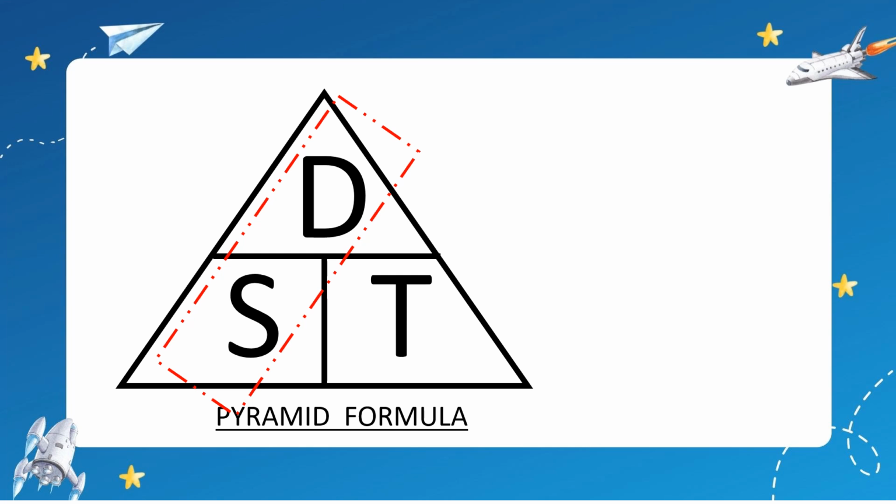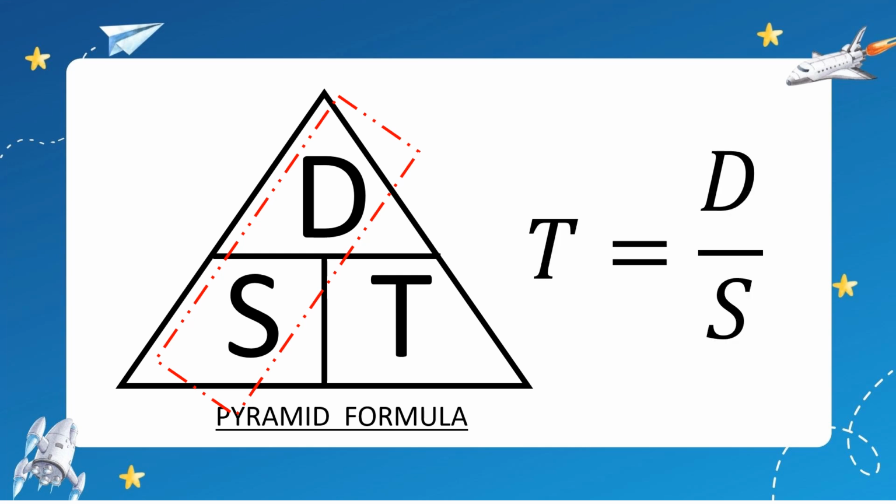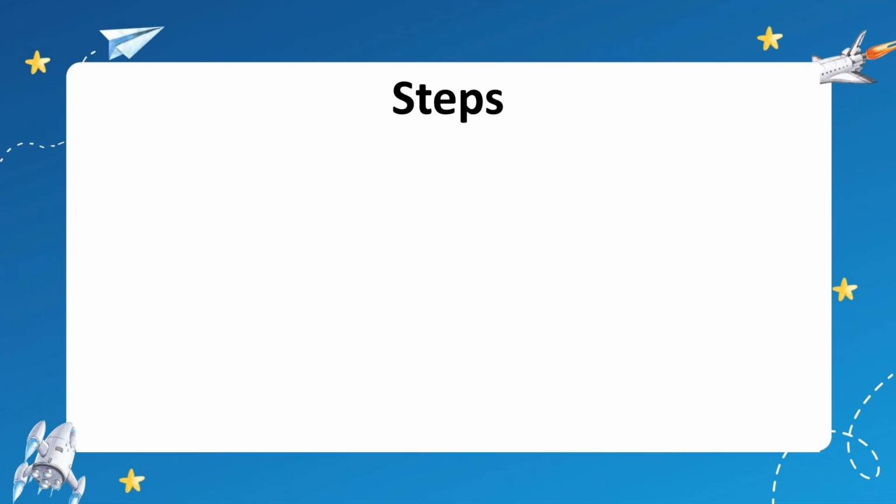So the formula for the time is: time is equal to distance over speed. As you can see, it is over, so we're going to use the operation of division. Let's begin, for us to easily understand how to compute the time equation.